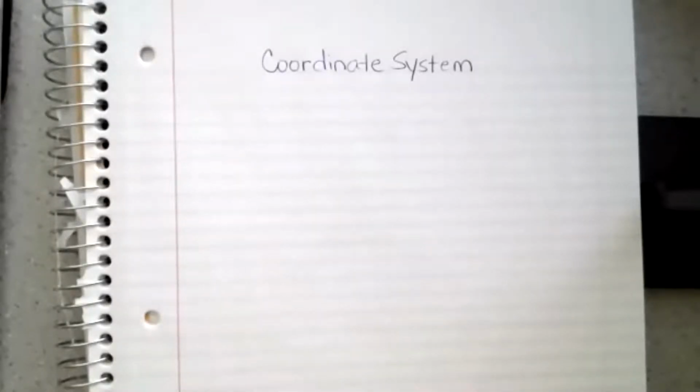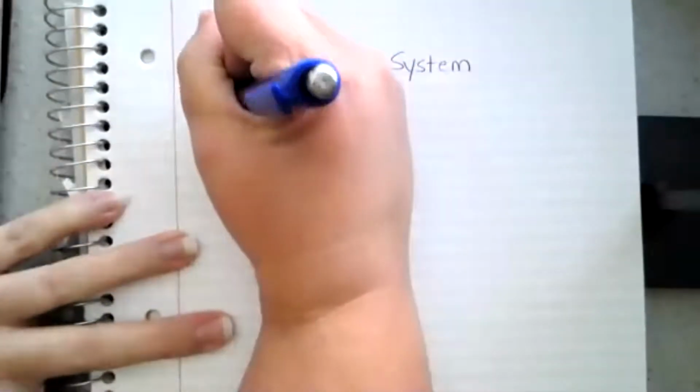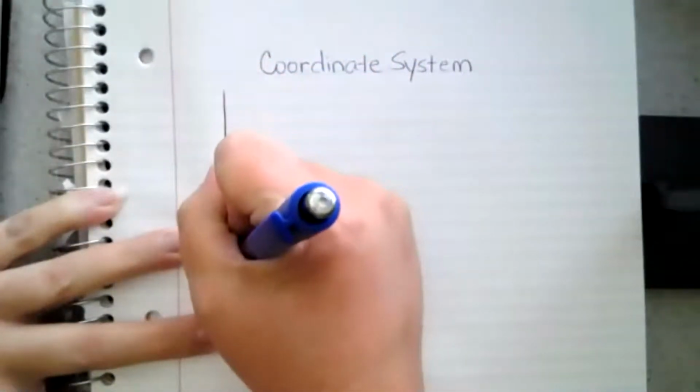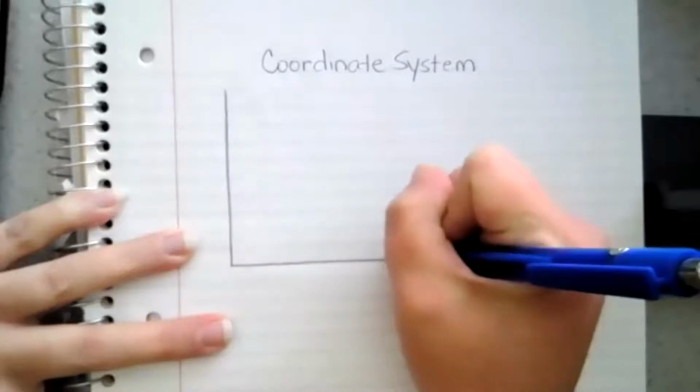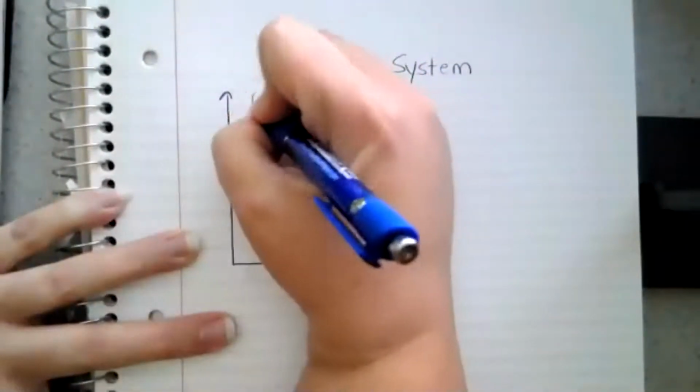So a coordinate system is what you use to be able to graph ratios onto a coordinate grid. So anytime that we're graphing, you're going to be dealing with a regular coordinate grid, and this is actually quadrant 1 of your coordinate grid.